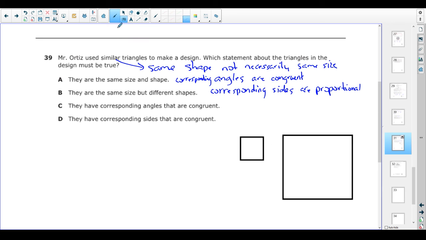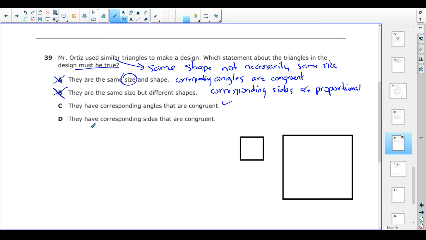So let's look at our answer choices. Same size and shape. Remember we said this isn't always true. Our question says which must be true. Same size but different shapes. That's, they got the order mixed around. Okay. Corresponding angles are congruent. Hey, I wrote that down like word for word. And corresponding sides are congruent.